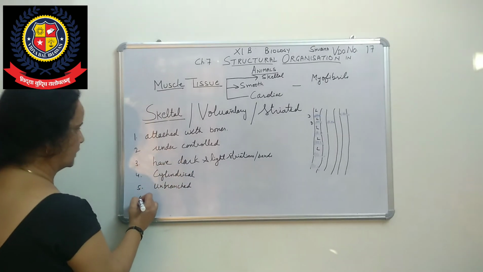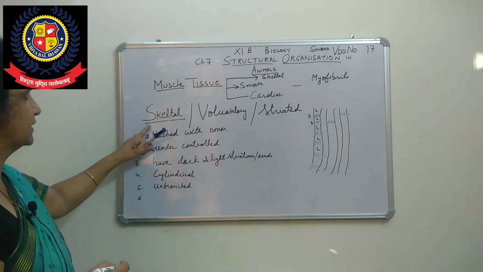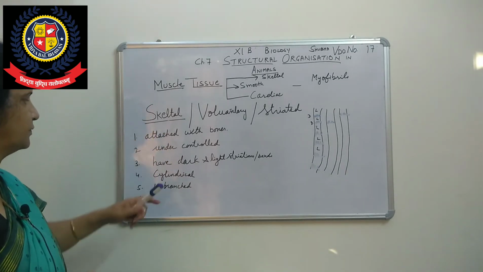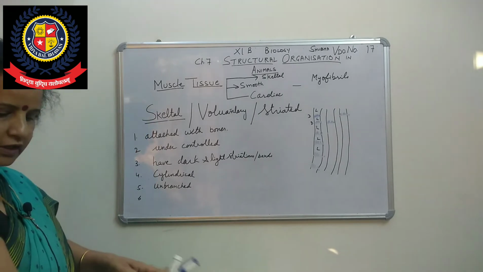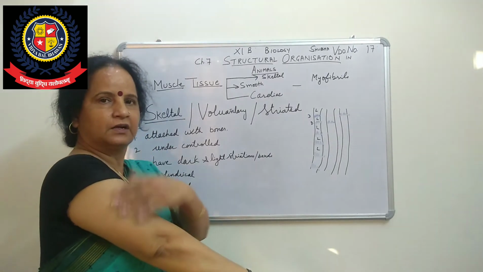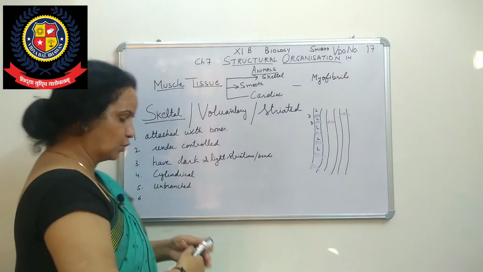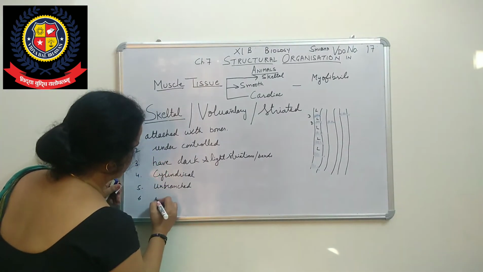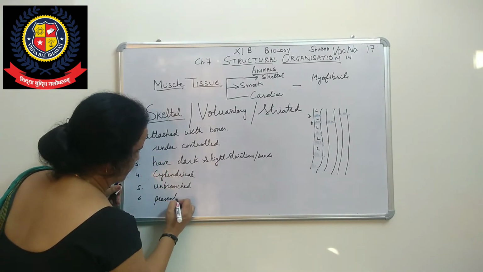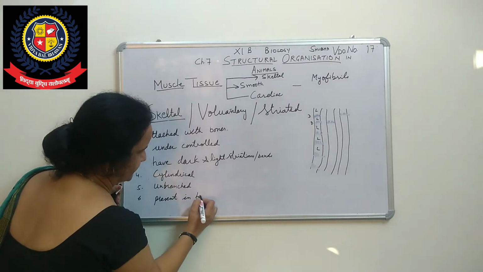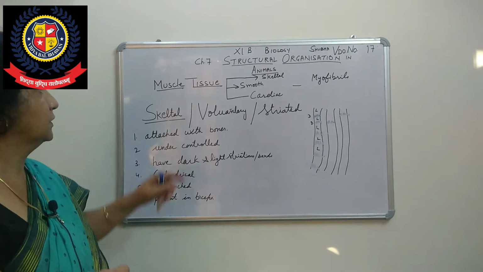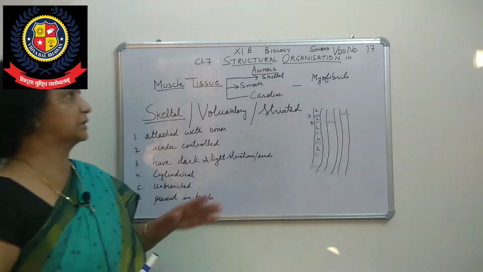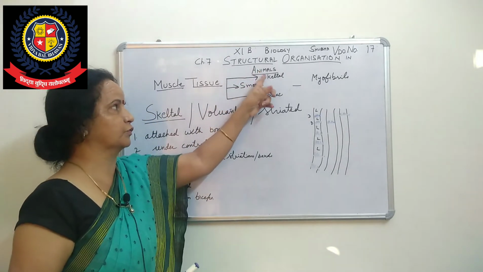And then the location, why these are called by different names. The location of these muscles is present in the biceps. This is about the skeletal muscle, the first one.